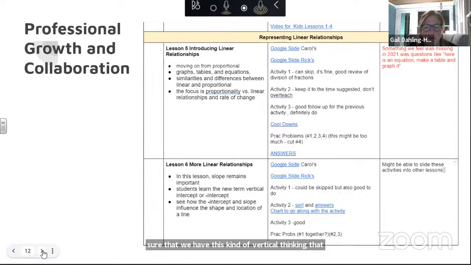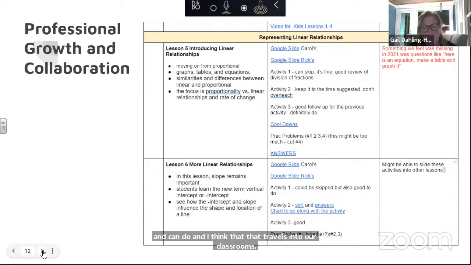You can imagine the amount of change that we're asking our teachers to make in their learning, in their practice, and the way that they approach students. Learning and then addressing the kids in front of you during a pandemic is a real challenge. So the leadership before you is real positive and can-do, and I think that travels into our classrooms very effectively. So I want to thank them.